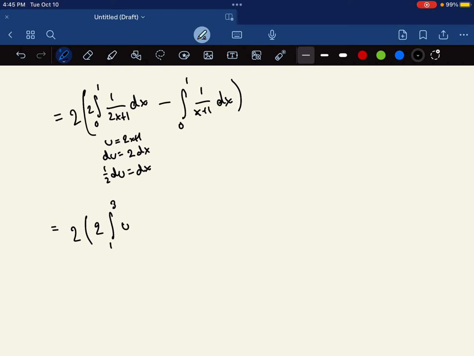That is going to be u to the negative 1 du. And 1/2 du is dx, and we're plugging in 1/2 du for dx, so this is going to be over 2, which will cancel out with the other 2. For the other integral from 0 to 1, we're just going to say u is x plus 1, so this is going to be u to the negative 1 du.